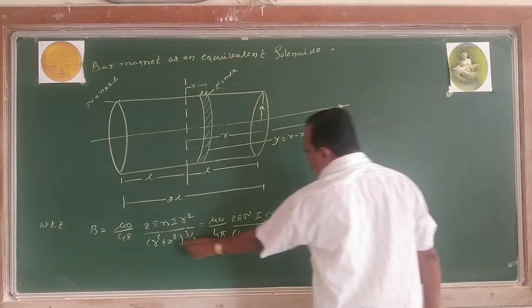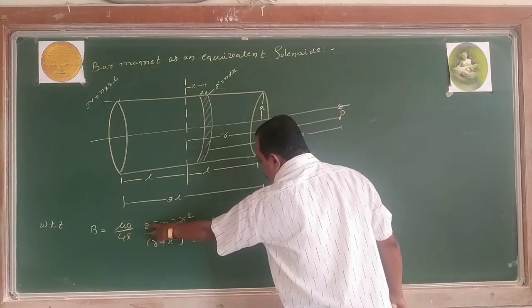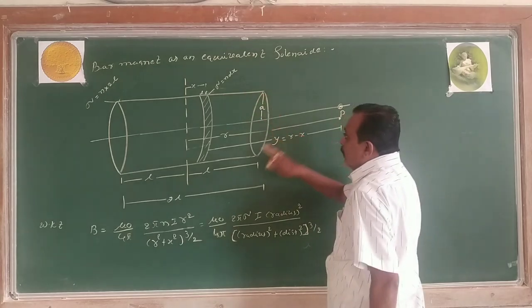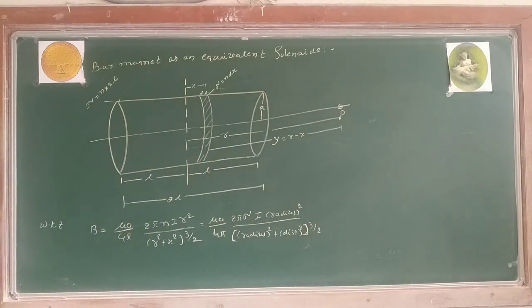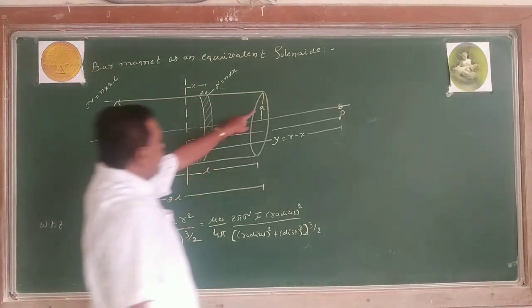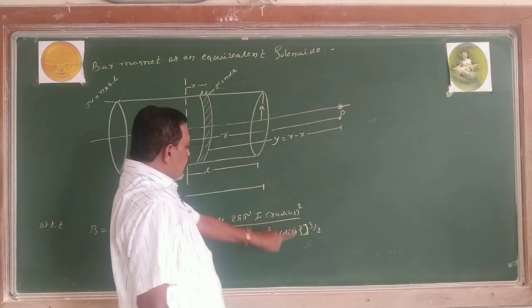So, I make it separate according to the condition. What is the radius here? a. What is the distance here? y.